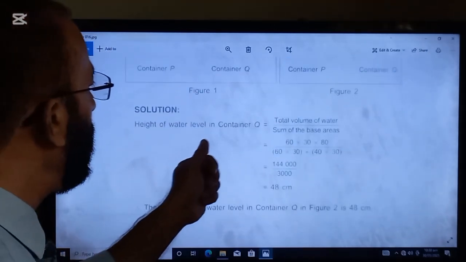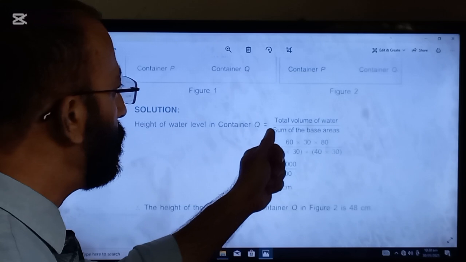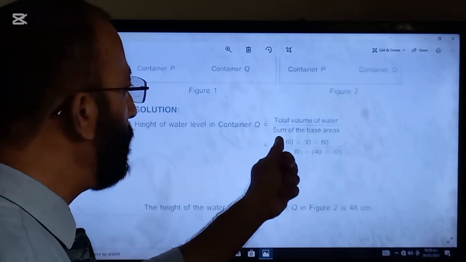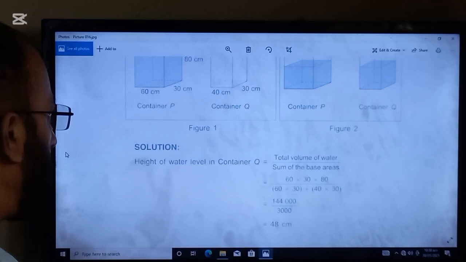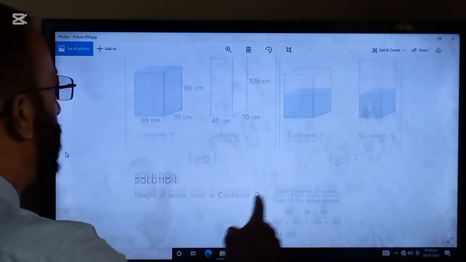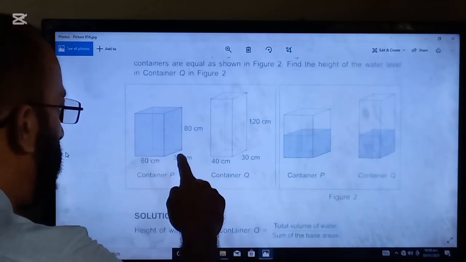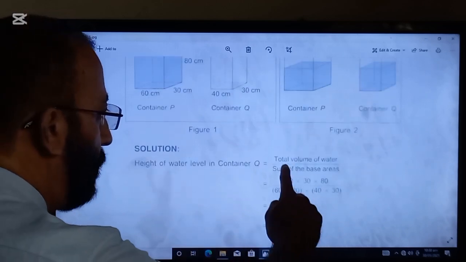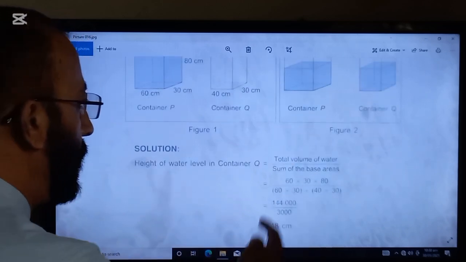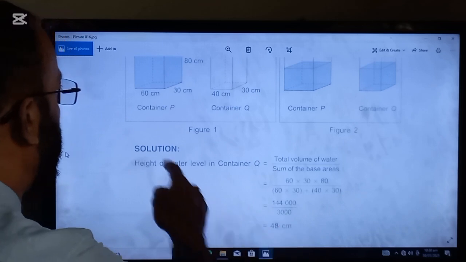Height of the water level in container Q is equal to the total volume of the water divided by the sum of the base areas. So look now, the total volume of the water will be equal to 60 multiplied by 30 multiplied by 80. This is the volume of the water, divided by the sum of the base areas.